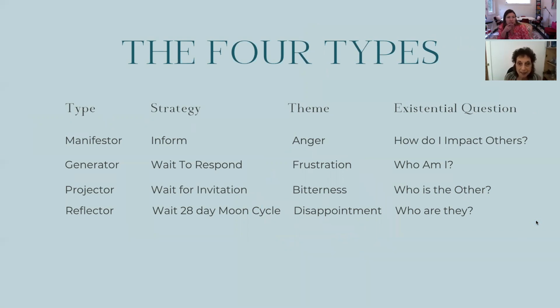You'll see on this image here that each type has a different strategy. How do you use your energy, basically, is what strategy means. How do you move about in the world? What's really going to bring you the most alignment?